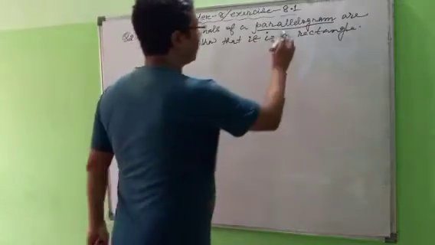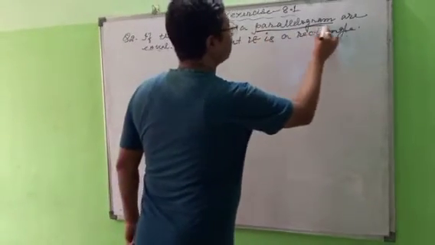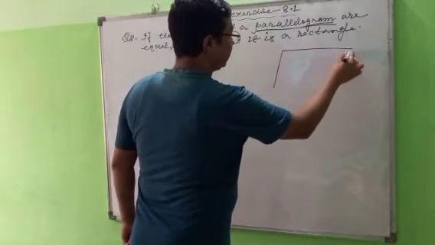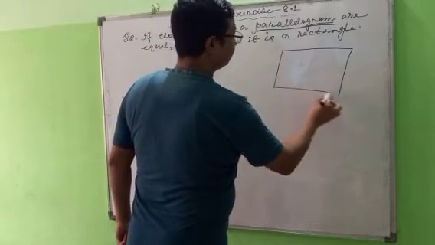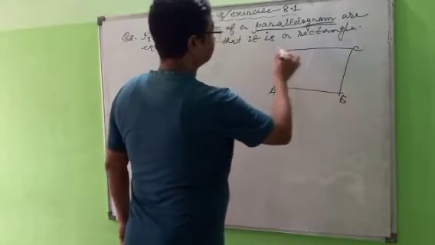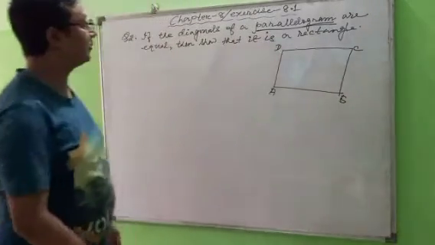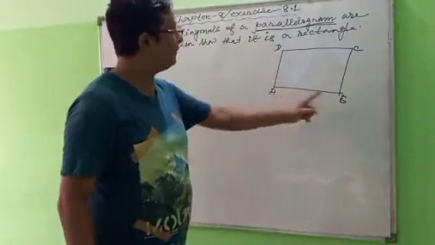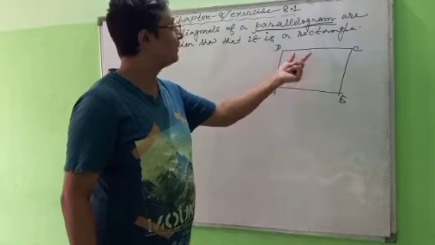So now the figure is given as a parallelogram. Let ABCD be a parallelogram. Now you will show that this figure ABCD should be a rectangle.